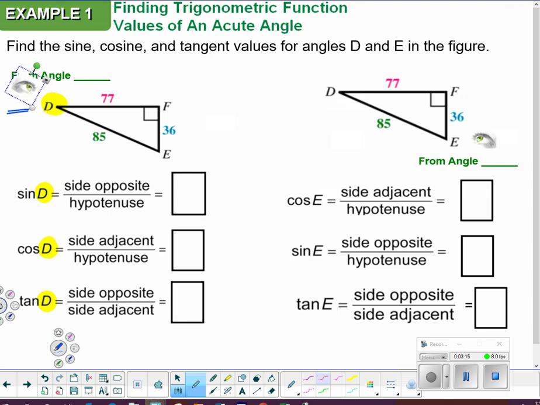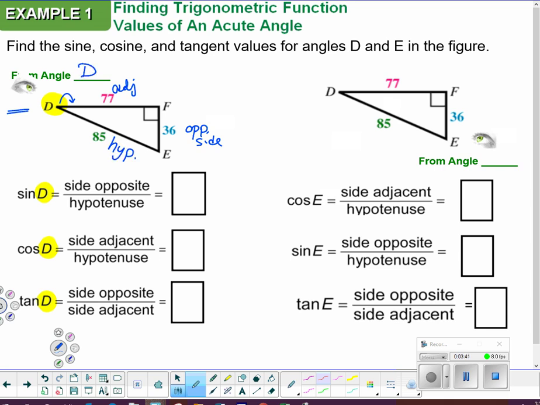So I'm kind of up here at angle D looking down. That would make the side opposite the angle my opposite side. Why don't you go ahead and label these out? That'll make it easier for you. The side that forms the angle, that is our adjacent side. And of course, opposite the right angle is the hypotenuse.